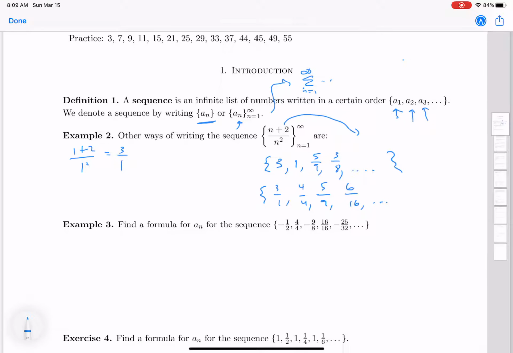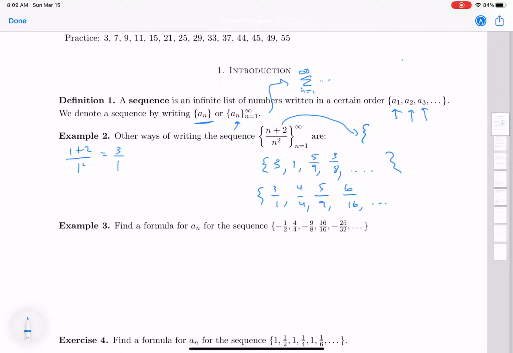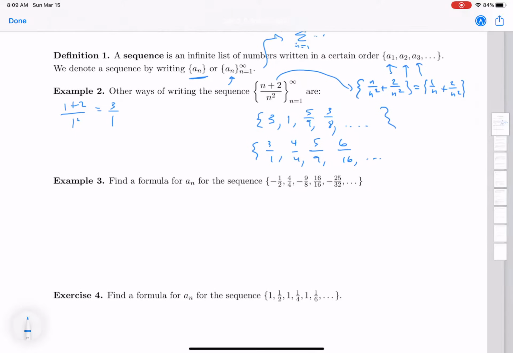And I could also change this sequence to look like n over n squared plus 2 over n squared, and then simplify that to be 1 over n plus 2 over n squared. And there are going to be times where those kinds of algebraic manipulations are going to be useful.